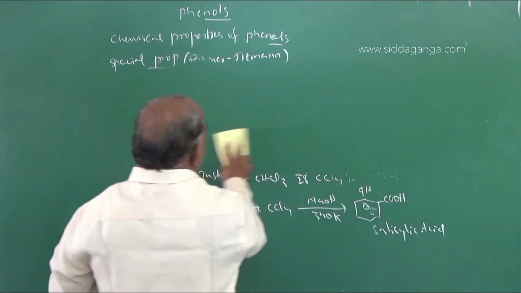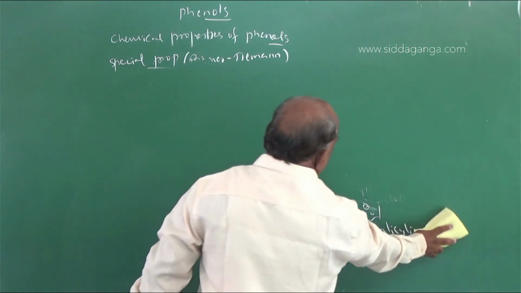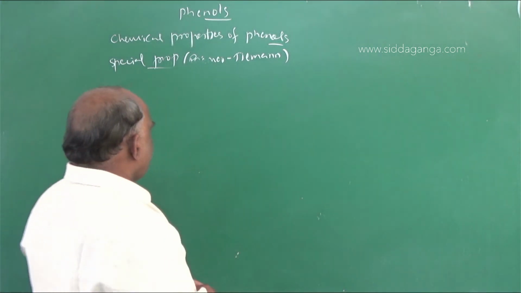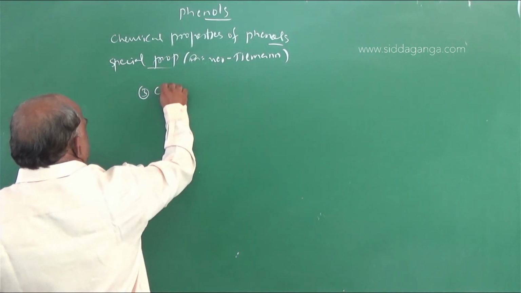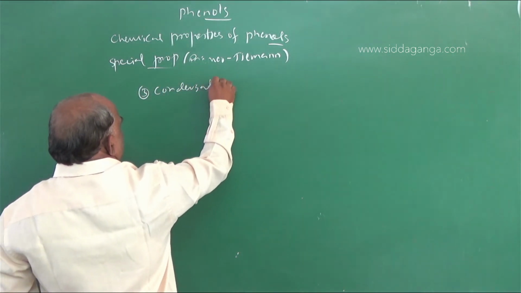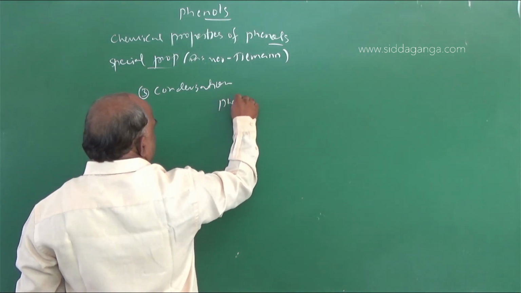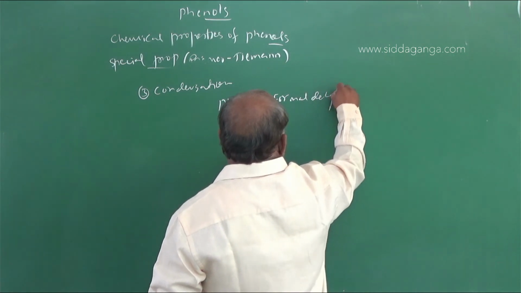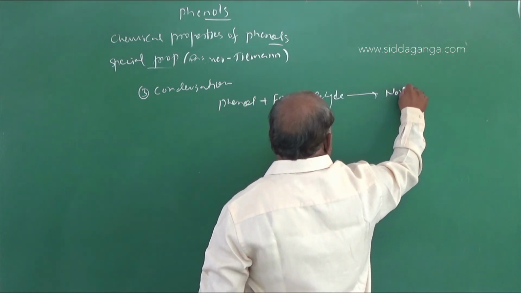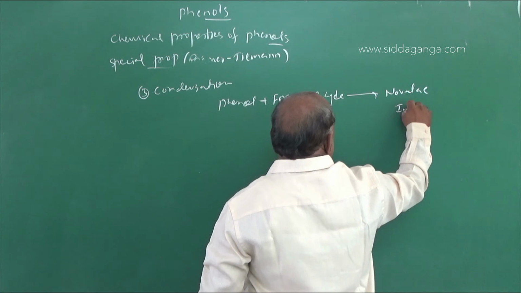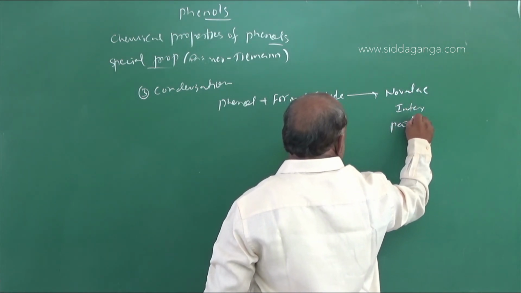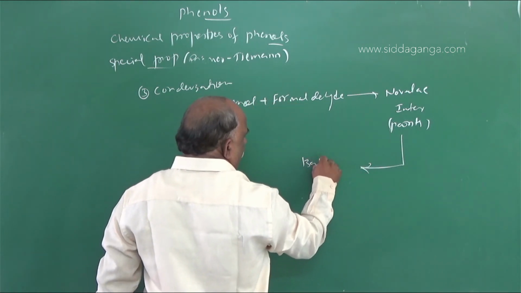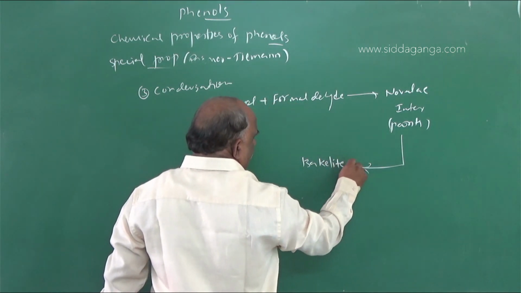Next, one more we did regarding condensation reactions. Condensation polymer, already we know, one important example is Bakelite. Number 3, I already said, that is condensation. Phenol plus formaldehyde gives novolac. Novolac is an intermediate which can be used for the preparation of paints, and the final product is Bakelite.